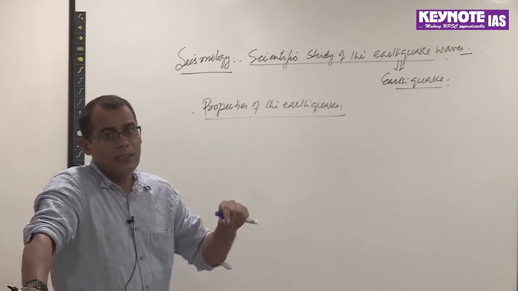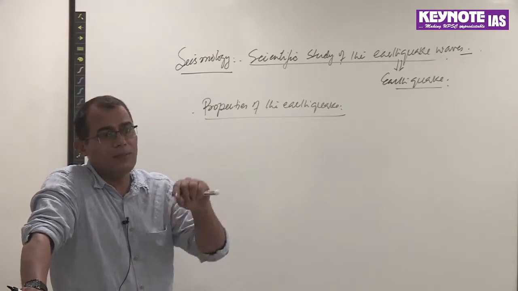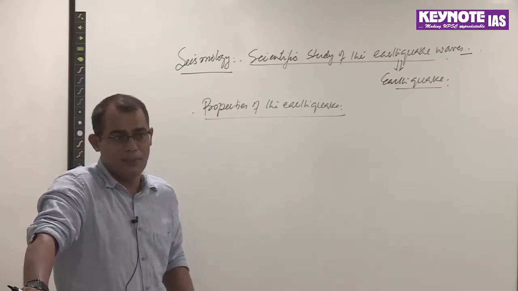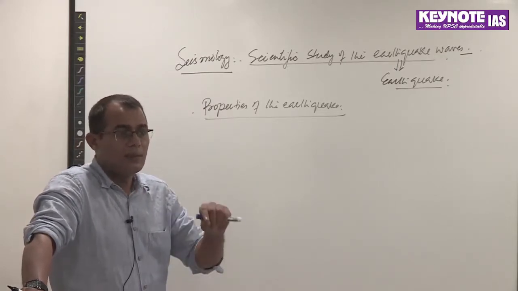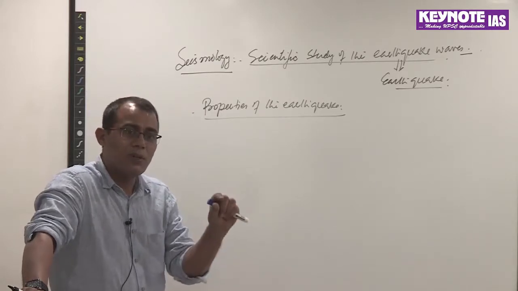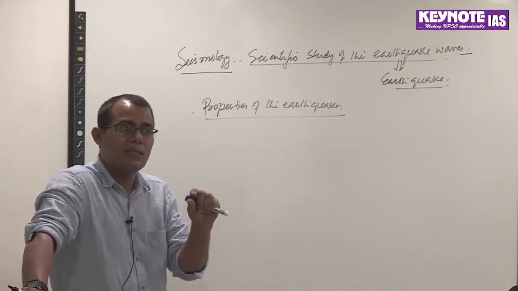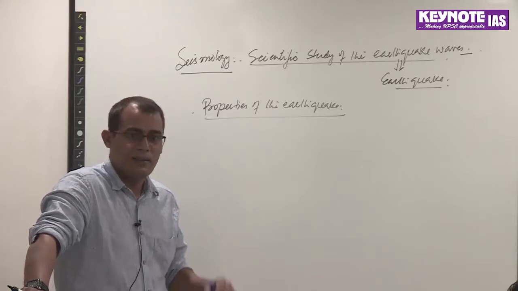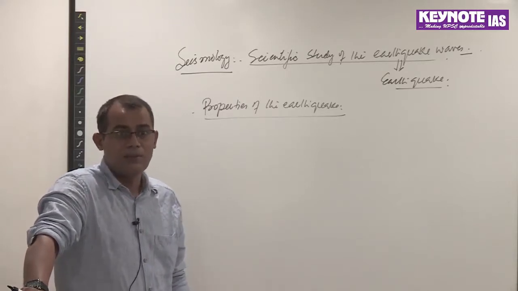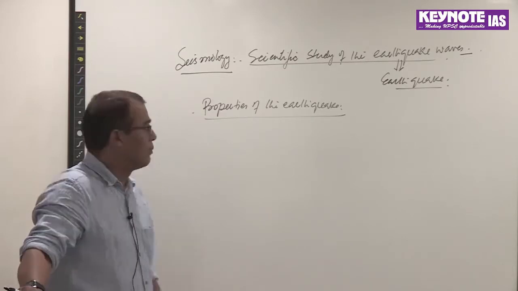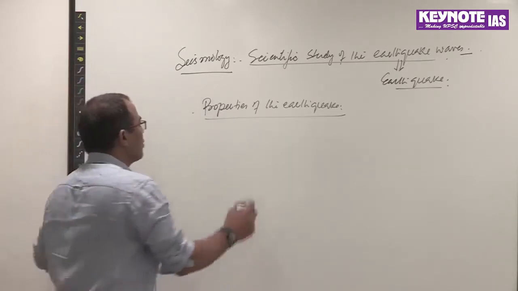If it asks how the study of the earthquake has helped in revealing the earth interior, the answer will be different. If it asks to discuss the components or the chemical composition of the earth interior as revealed by seismology, the answer will be different. Getting my point? Like properties, you simply talk about directly.